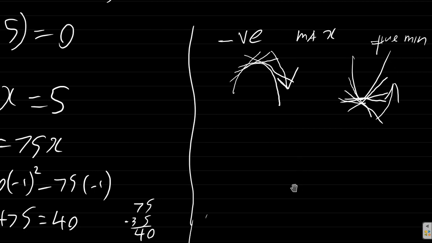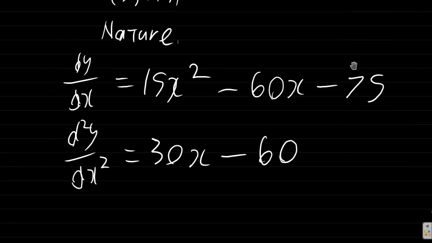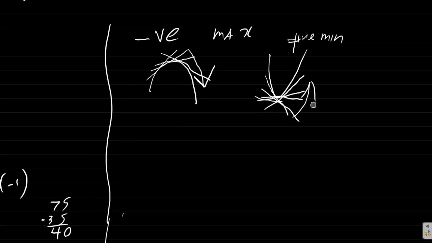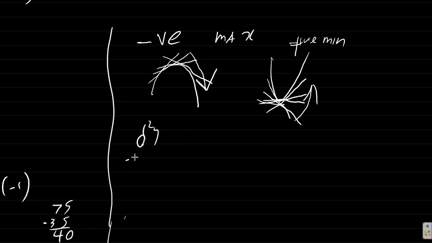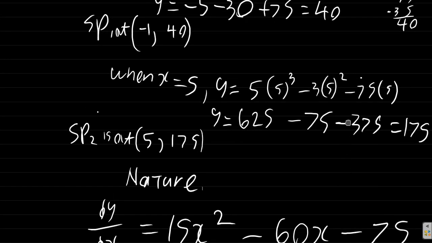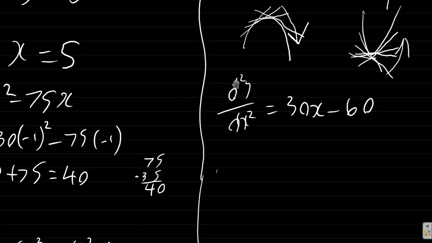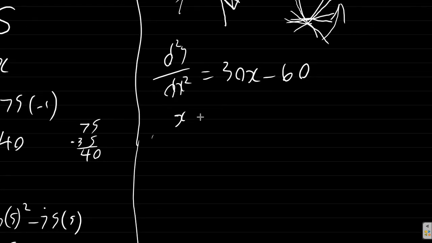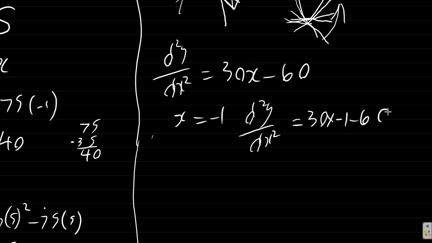Alright, so let's rewrite this. d squared y by dx squared is 30x minus 60. Now, what happened at x equals negative 1? d squared y by dx squared will be 30 times negative 1 minus 60, which is negative 30 minus 60, which is negative 90.